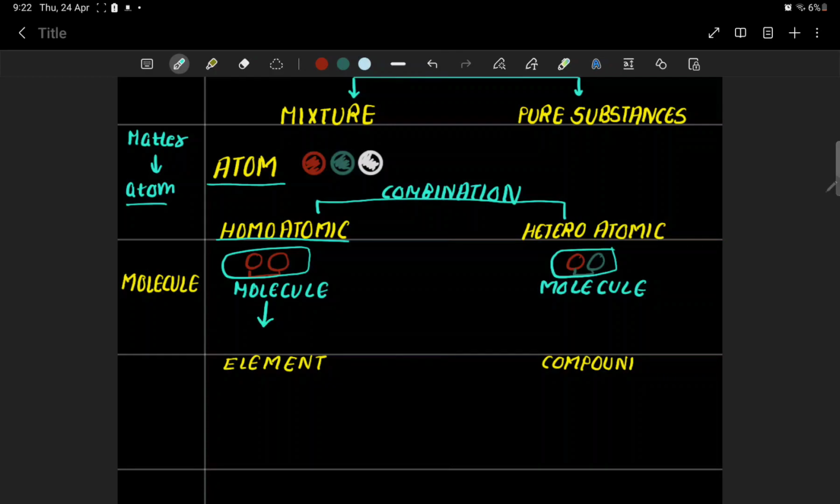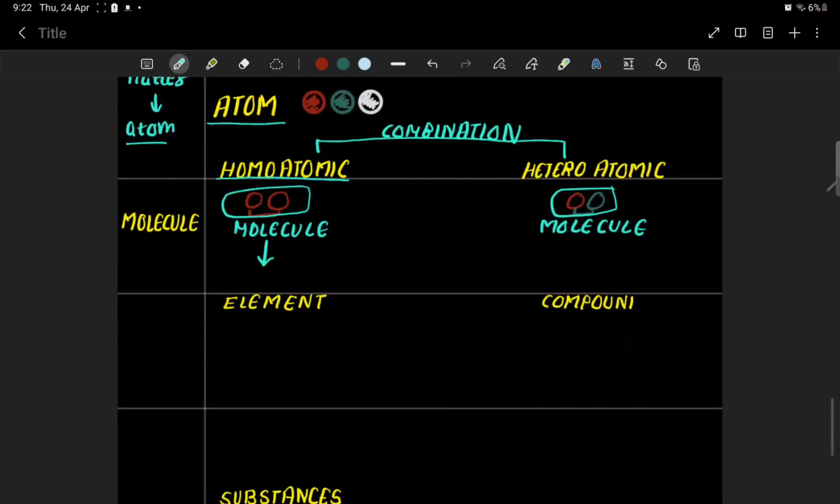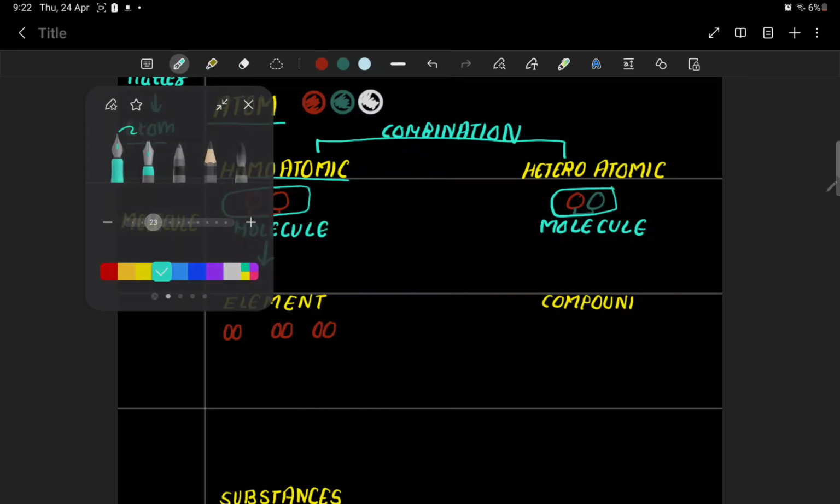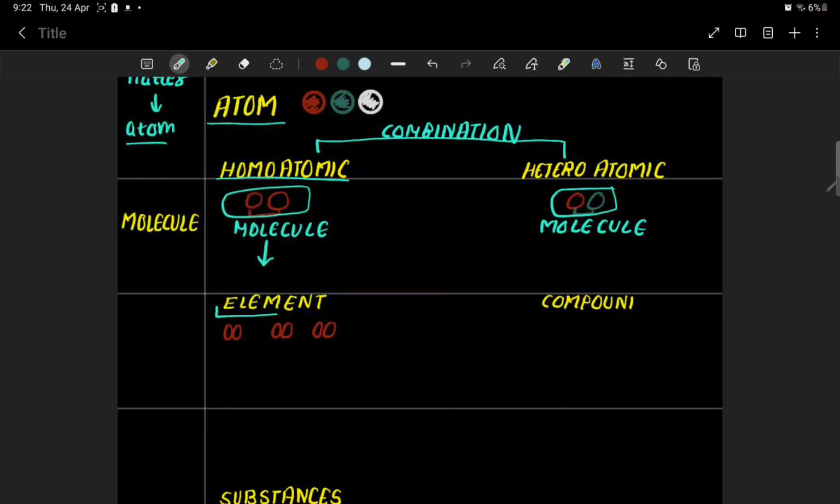Now, if you take a number of homoatomic combination molecules, what you will get is an element.